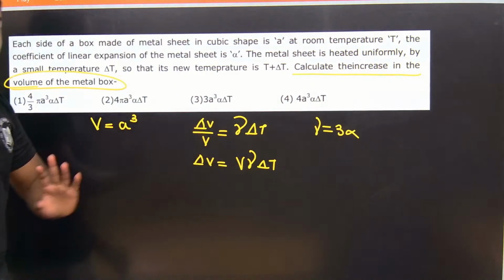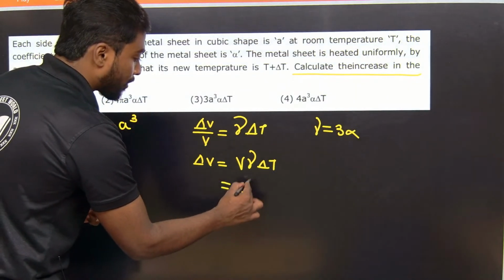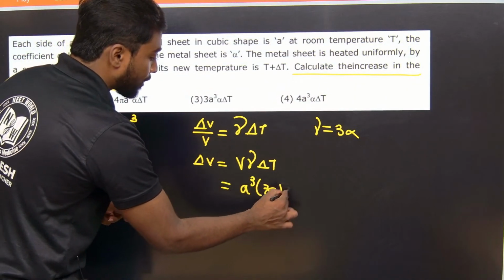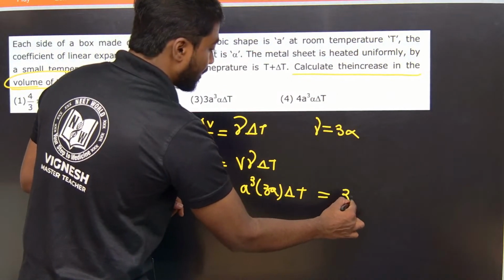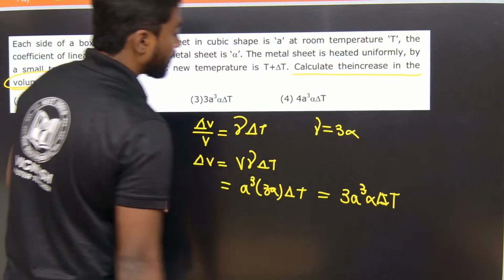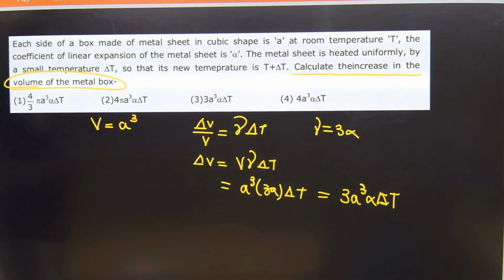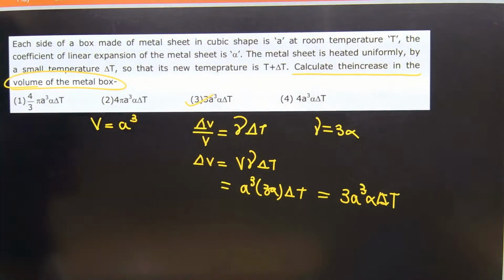I substitute the value, and V is equal to A cube, so A cube into 3 alpha into delta T. The final answer will be 3A cube alpha delta T, which is option 3. Option 3 is the answer.